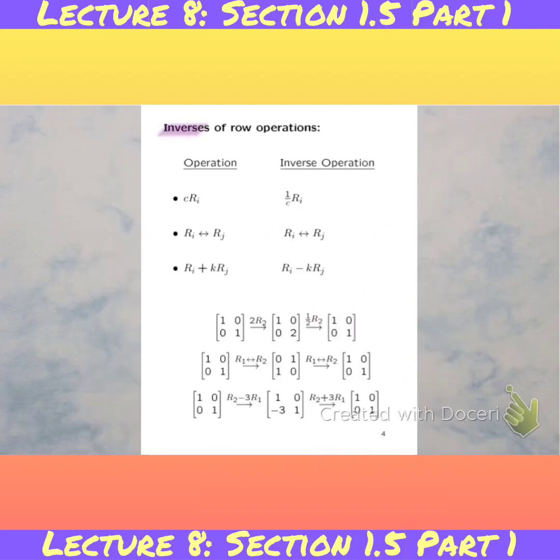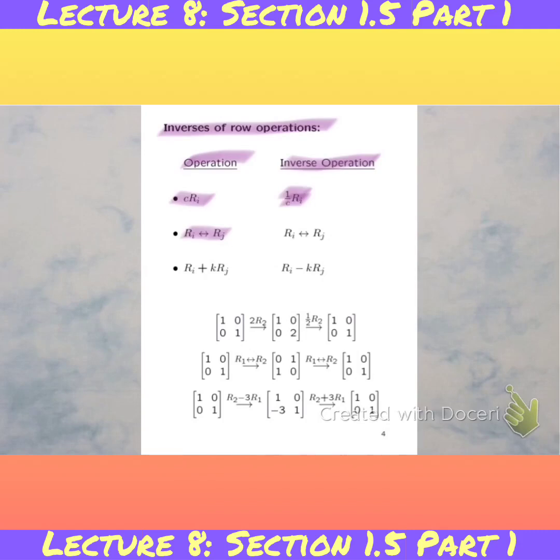Okay, next up we've got inverses of row operations. Take a matrix and apply the scalar multiple operation to the ith row. You multiply the ith row with a scalar c. How do you reverse that operation? Take the new matrix and multiply through by a scalar 1/c to cancel.